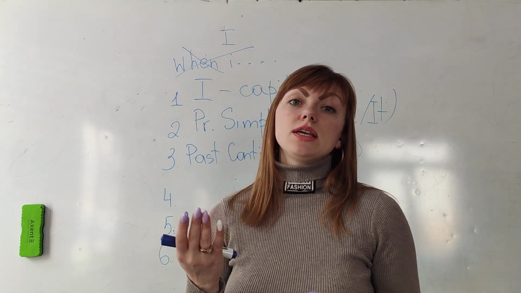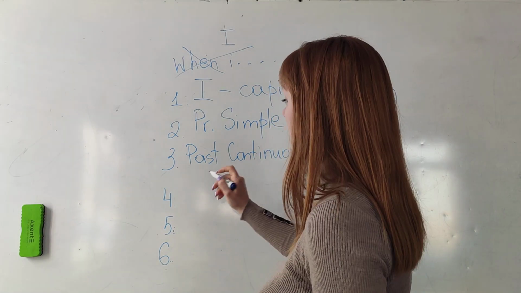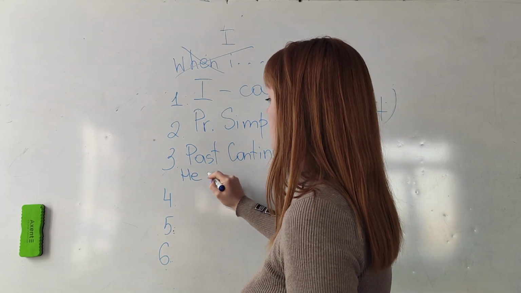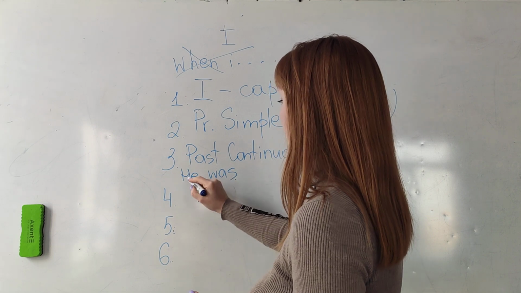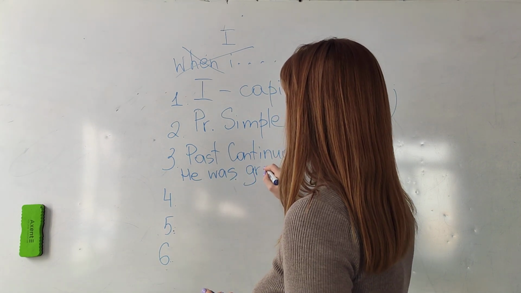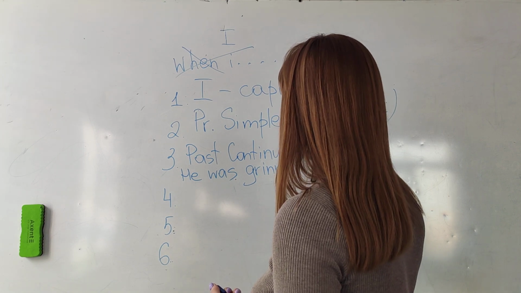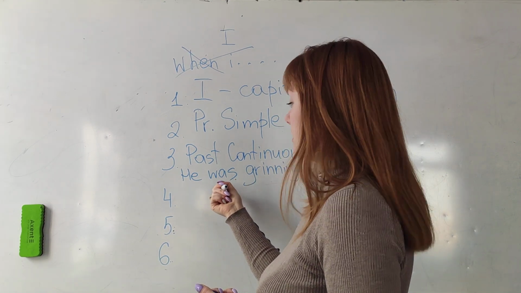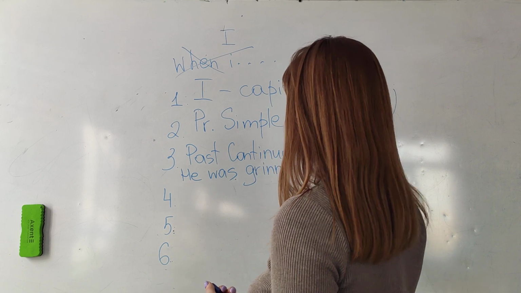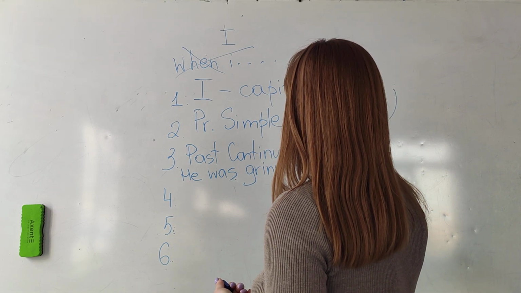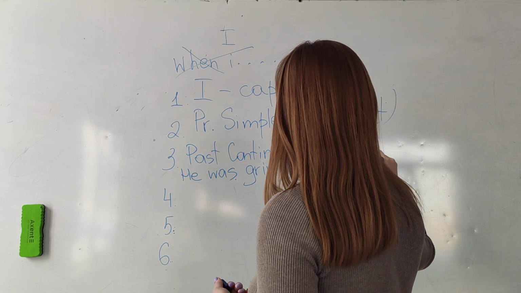So the same here. In past continuous, you have an auxiliary verb, and it's was. He was grinning, so the question tag is wasn't he?